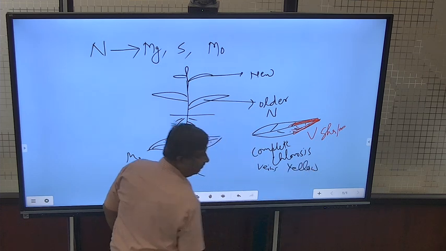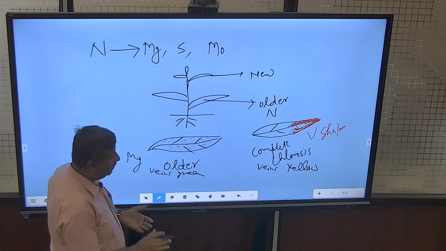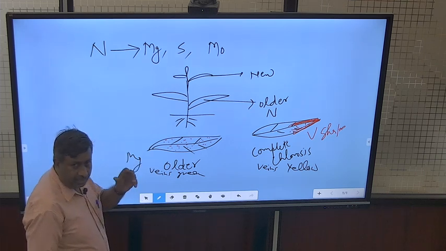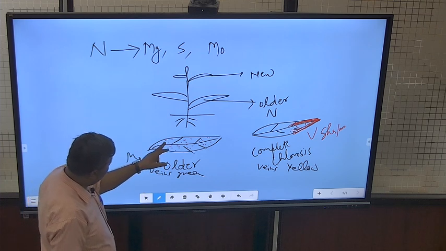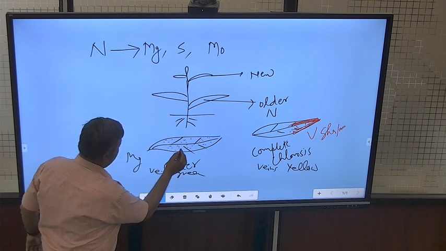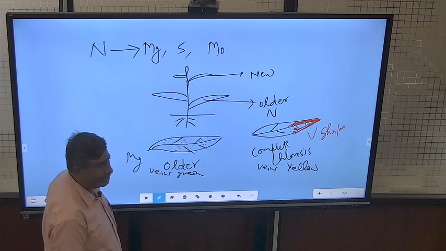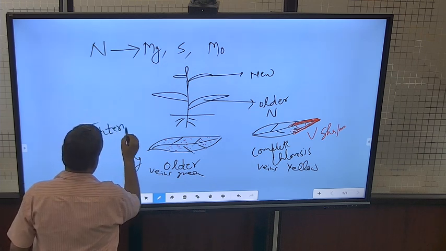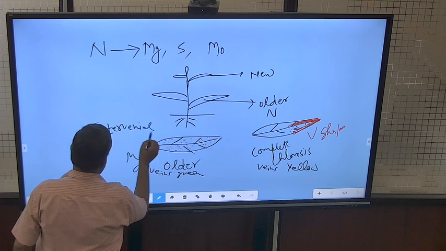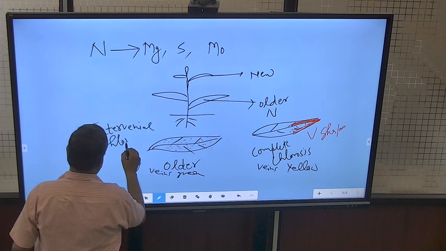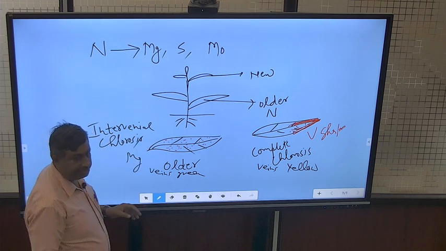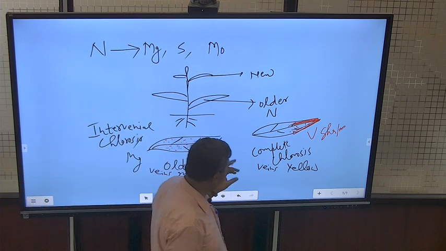This is the difference between magnesium deficiency and nitrogen deficiency. When veins are green and the lamina portion is yellow, it is known as intervenal chlorosis. Intervenal chlorosis in older leaves is due to magnesium deficiency. So, that was the difference between nitrogen and magnesium.